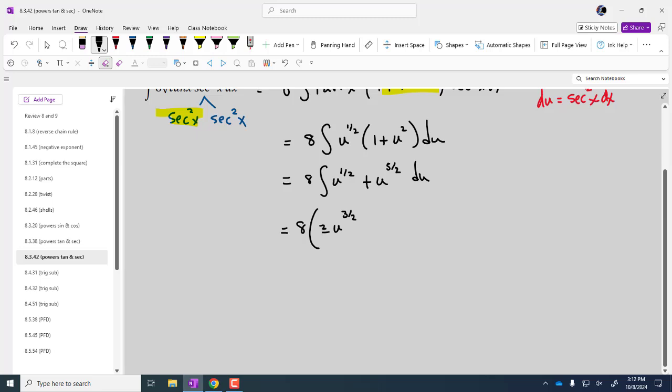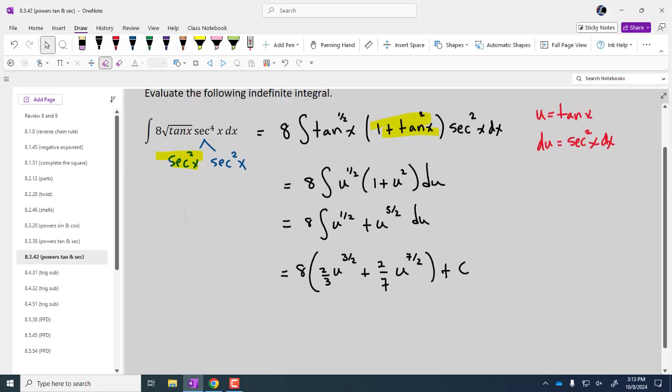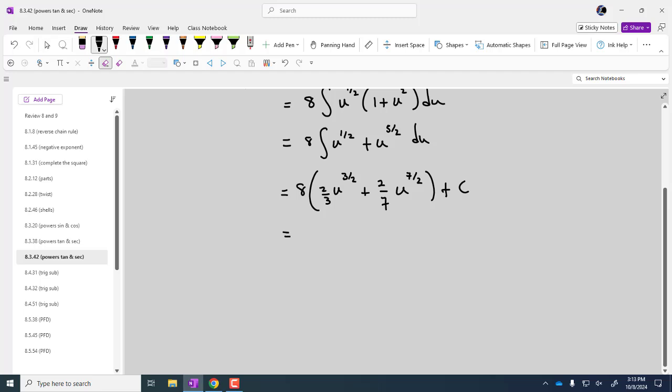Add 1, divide, add 1, and divide. And then we go back, we let u be tangent. So we're going to have 16/3 tangent to the 3/2 of x plus 16/7 tangent to the 7/2 plus c.